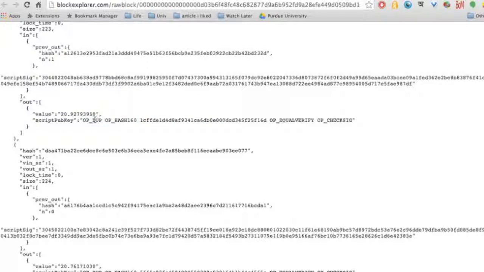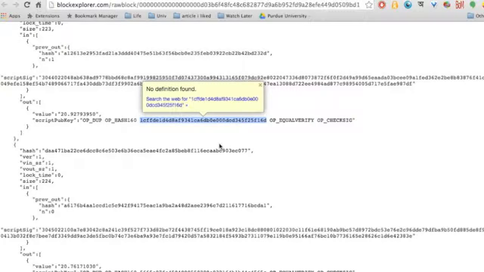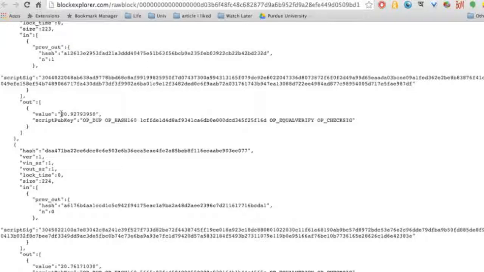So this DUP means duplicate, and this is HASH160, and it hashes and it verifies. So this Bitcoin address receives around 20 Bitcoin.